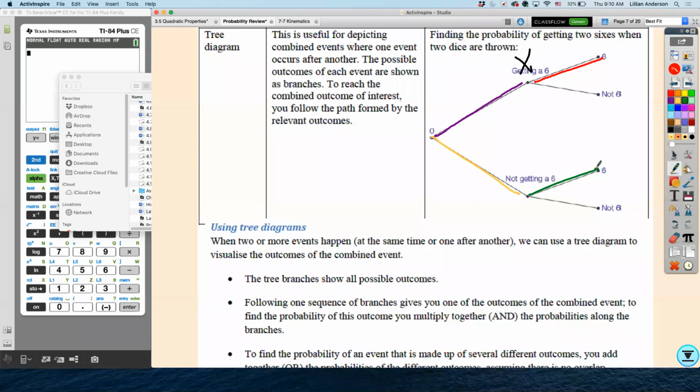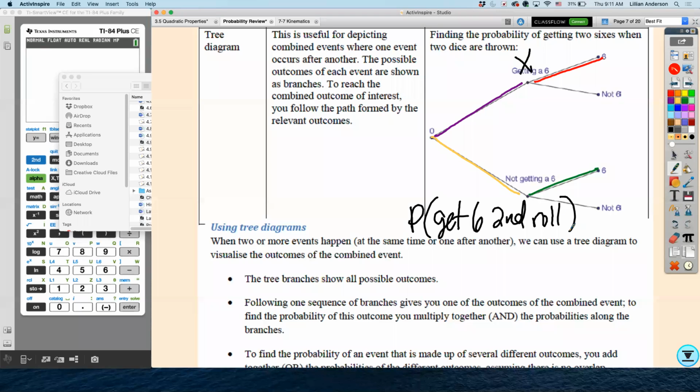I wanted the probability of getting a 6 on my second roll. That can happen by getting a 6 the first time and a 6 the second time, or not getting a 6 the first time, but getting a 6 the second time. What do I do to those two probabilities?